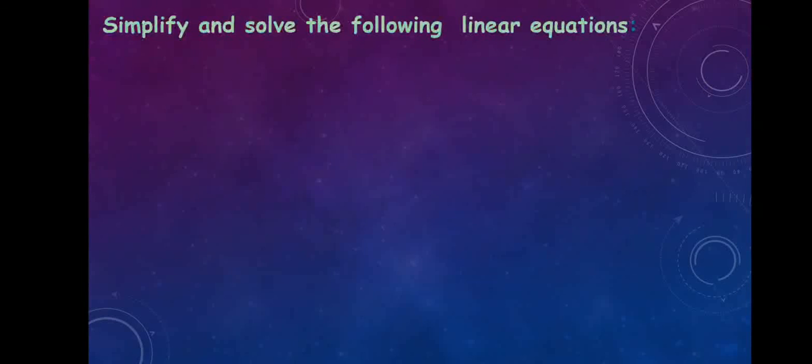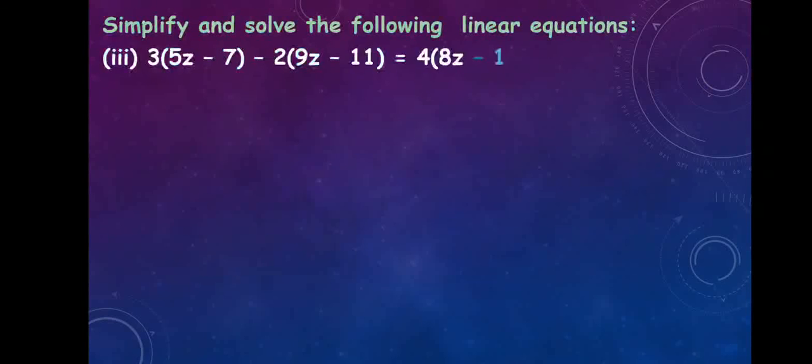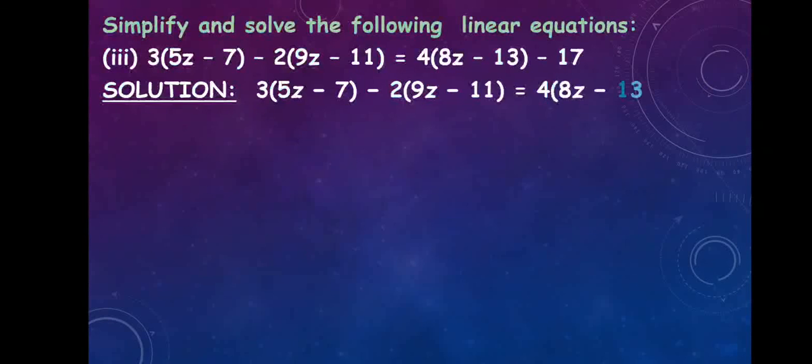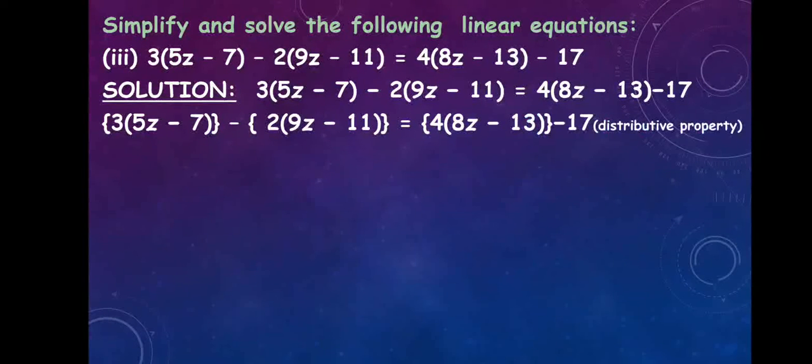Next, simplify and solve the linear equation: 3 into (5z minus 7) minus 2 into (9z minus 11) equal to 4 into (8z minus 13) minus 17. For this one, we will again enclose the expressions in square brackets or curly brackets as you feel.